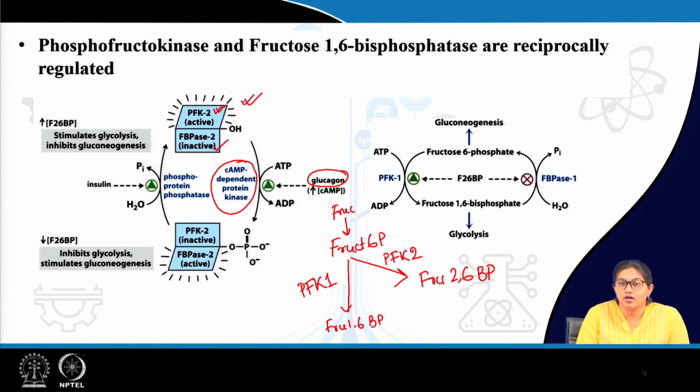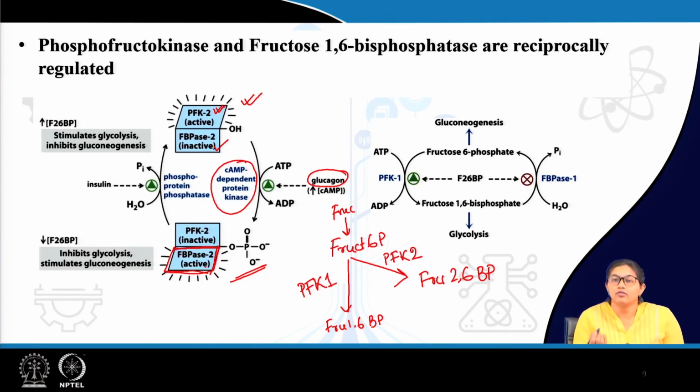When this bifunctional enzyme is phosphorylated, the phosphatase form is activated and the kinase form is deactivated. So, basically the phosphatase function of the bifunctional enzyme is activated.